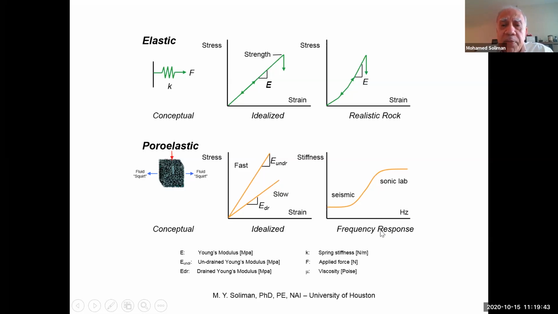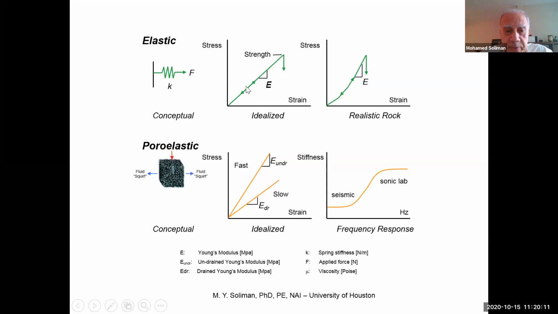And then we'll talk about stiffness versus frequency. We'll get into that in a little bit, because we can sometimes measure the behavior of the rock using a sonic lab or seismic, or what one would call a static behavior, basically like what we are seeing here.